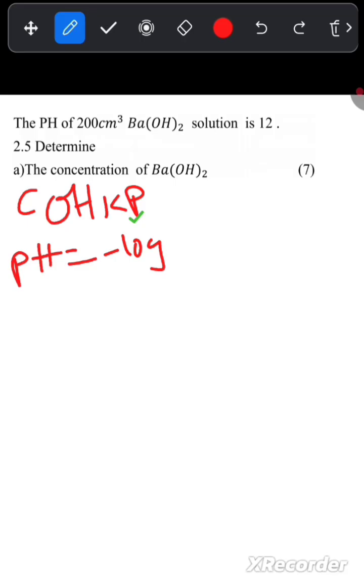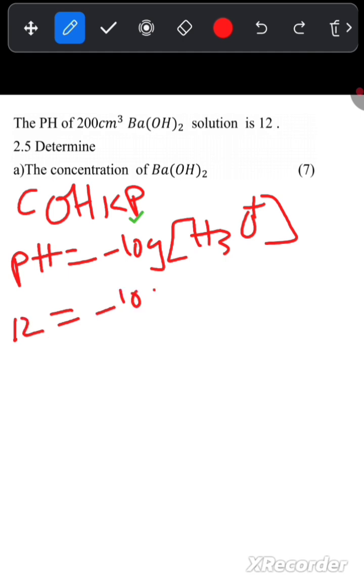The pH is equal to negative log concentration of hydronium ions. Now, the pH is 12. To make hydronium ions the subject of the formula, we say 10 to the power negative 12 mole per cubic decimeter.